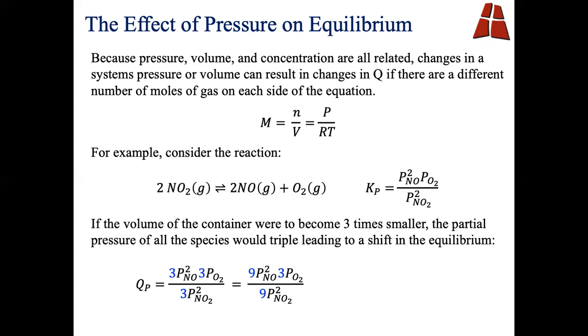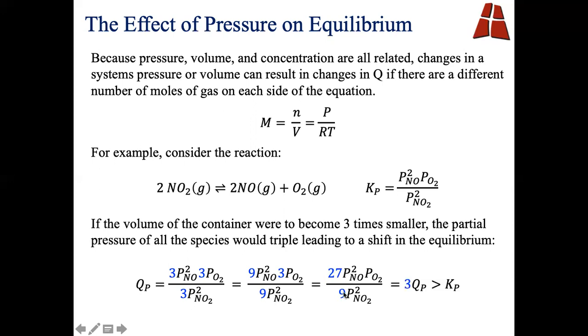If we then distribute our exponents, you'll notice that the partial pressures for NO and NO2 have a squared exponent. So if we distribute that, that becomes 9 for each of those terms. And then if we combine our terms, we end up with 27 over 9.